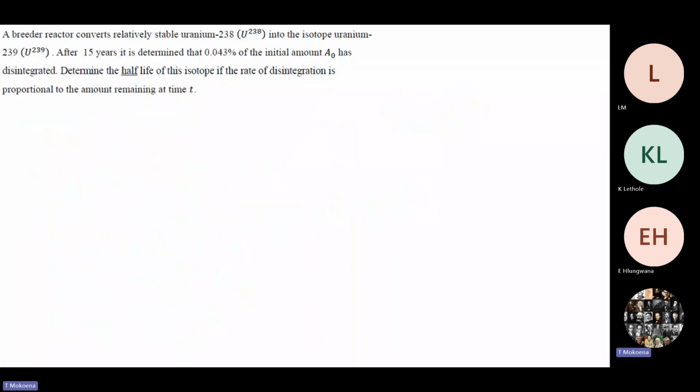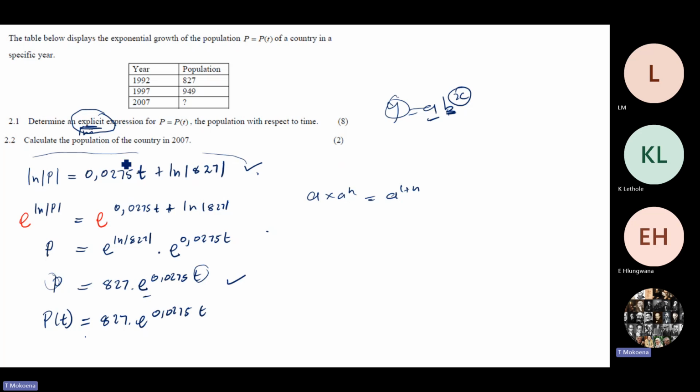All right, so now I'm going to move to 2.2. Now 2.2 says to us, calculate the population of the country in 2007. You see, we don't know what the population was over there. So we want to know the population. Again, this is the reference, so this will be our initial, and that will be our final. So we want to understand from 1992 to 2007, how many years are we looking at?